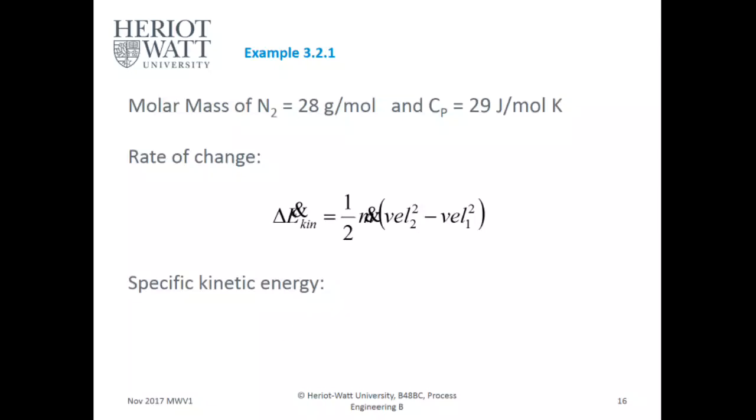And the specific kinetic energy equals a half multiplied by the second velocity squared minus the initial velocity squared.